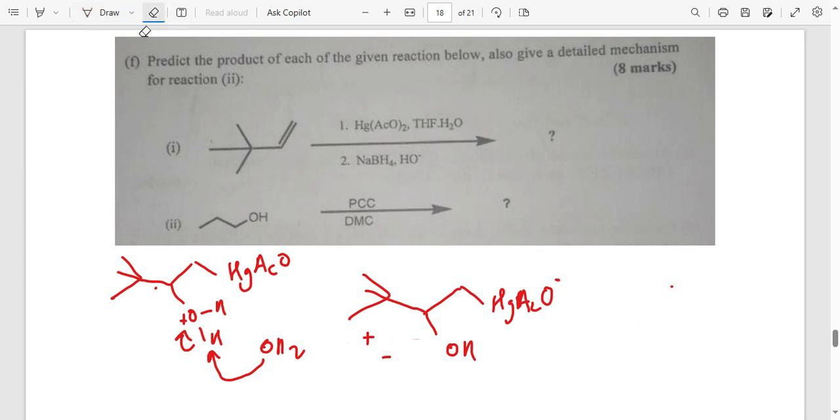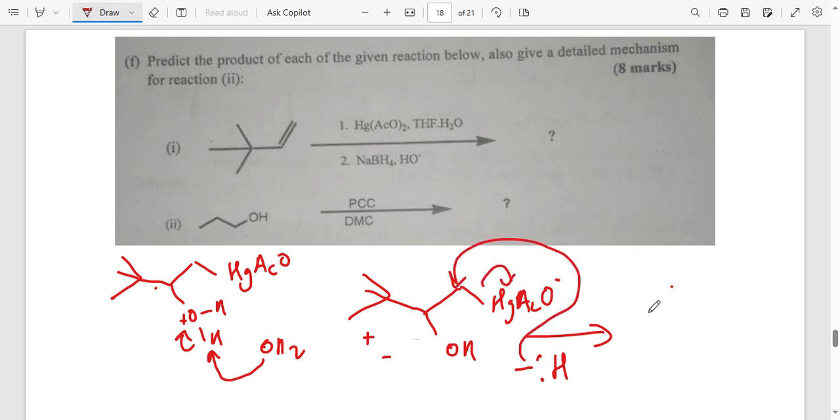Now we can use what is down. From what is down, we are getting sodium borohydride, so we're using a hydride from there. This hydride comes by SN2, attacks here, and displaces this group. So the final product will be like this. This will be our product.